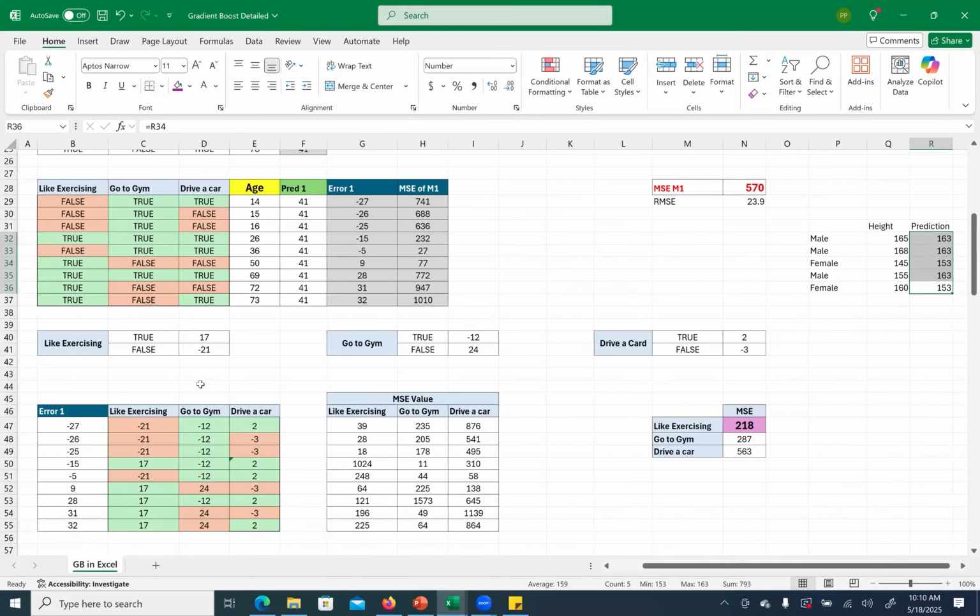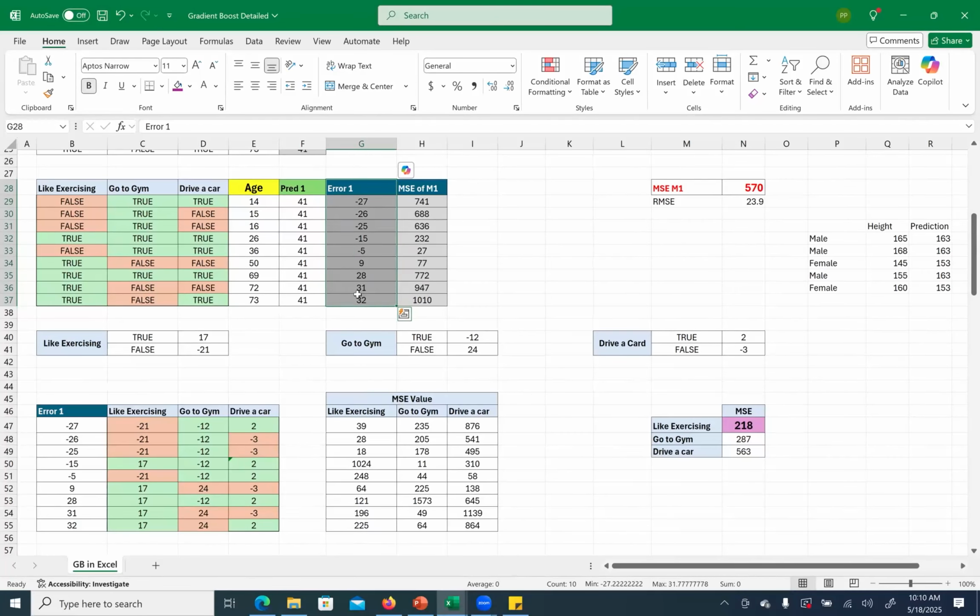Now, going back to this, my target variable is Error 1. Now I will see if I use like exercising as my input variable, or go to gym, or drive a car. If I take one variable at a time, which variable is able to predict the error most accurately? For example, for like exercising, I have two values, true and false.